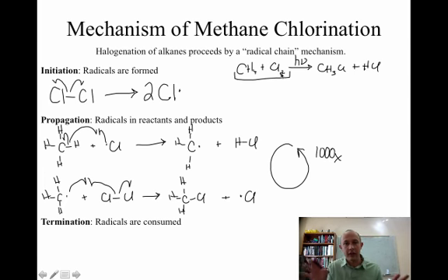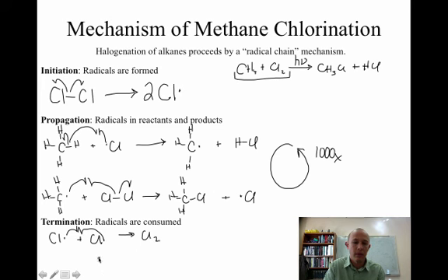So eventually you've consumed all your methane, you've consumed all your chlorine, and all you have left is these radical species that are floating around, these really high energy species. It's very unlikely, since these things are formed in such small quantities, that two radical species are going to find one another. So the only time that these termination steps are possible is once we've consumed all of our reactants. And so in the termination step, we can combine two chlorine radicals to give us Cl2.